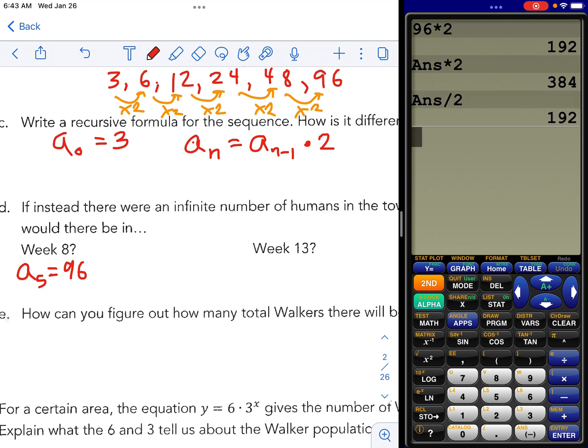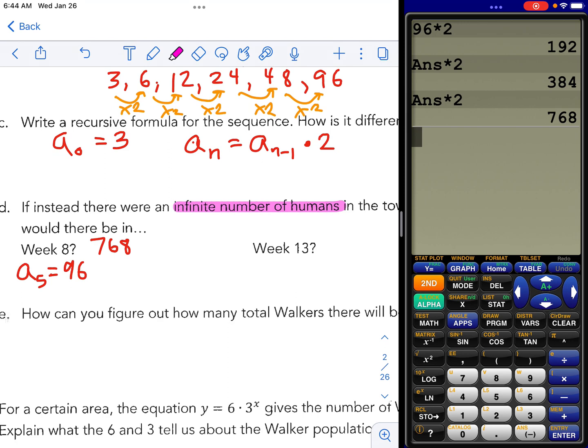So, whoops, I divided by 2. Excuse me. Let's clear that out and do that again. So we start with 96 and times 2, that's A6, and times 2 again is A7, and times 2 again is A8, and we have 768 zombies if we have an unlimited population, right?